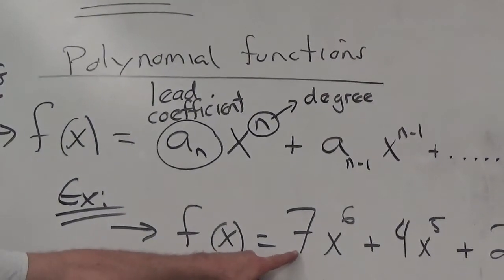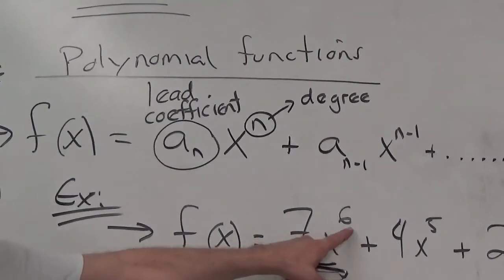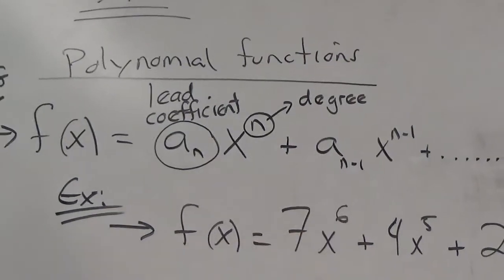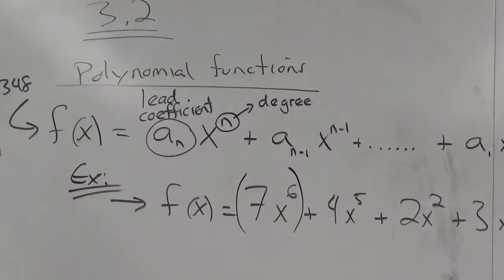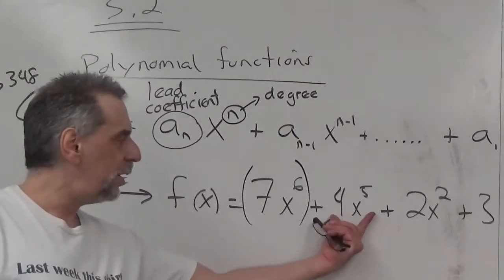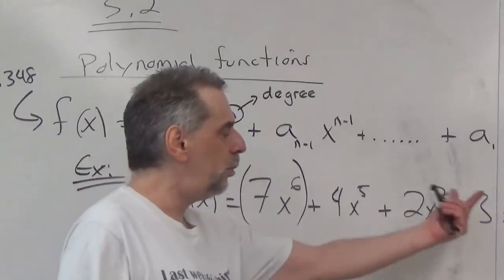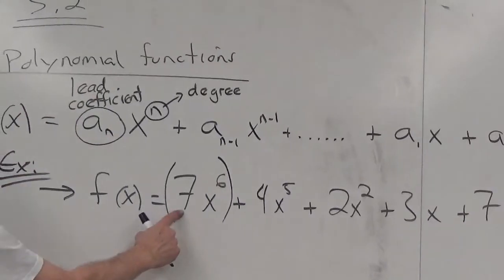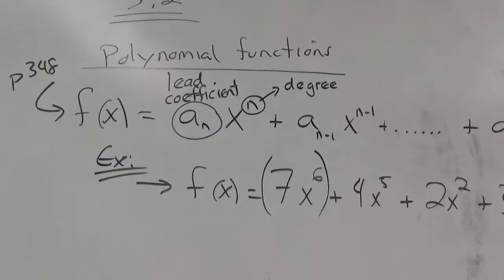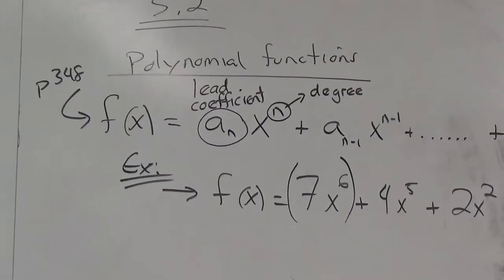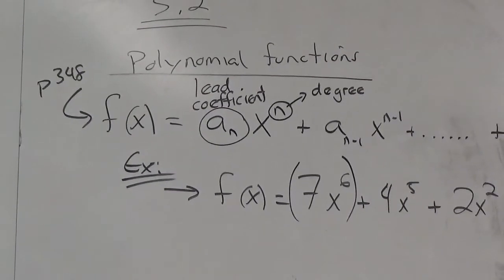So here the 7 is the lead coefficient, and the degree of this example is 6. Each one of these is a term, just to get our notation straight. This is one term, this is another term, and so on. This is a coefficient, this is a variable, that's an exponent, just to get our nomenclature right. I just made this one up, we're not going to do this one.